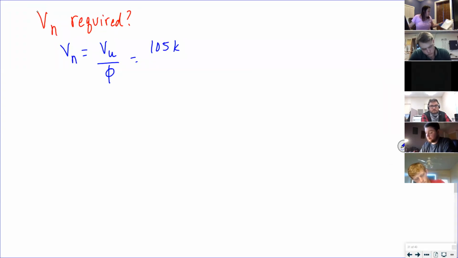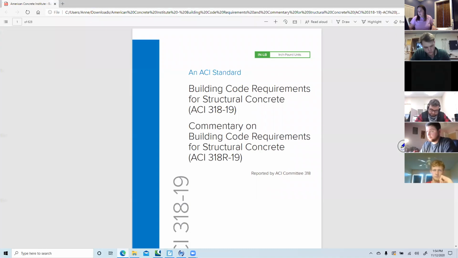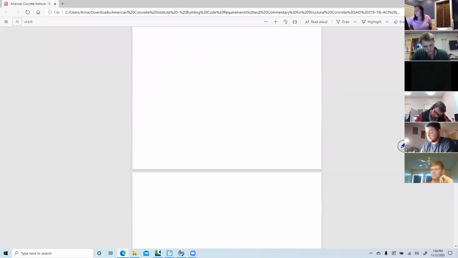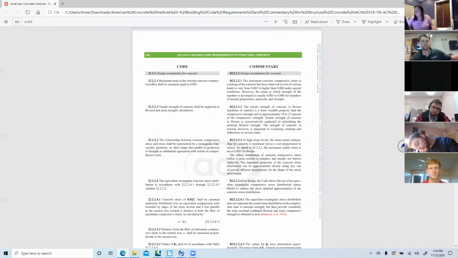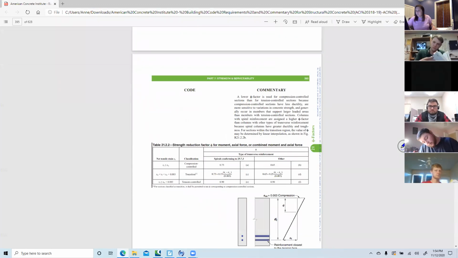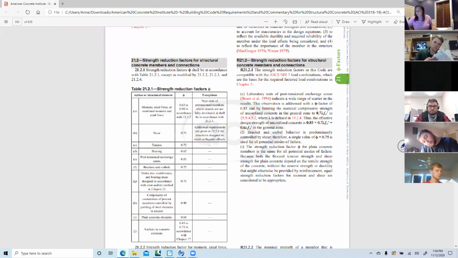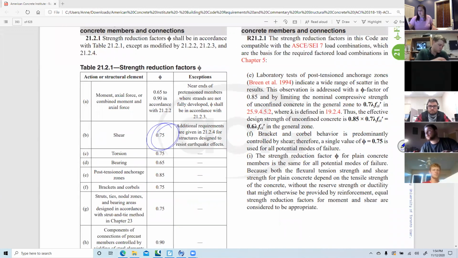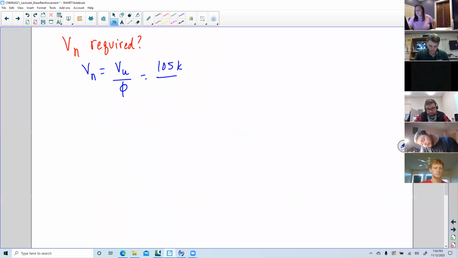And if you don't remember the phi for shear, all the phi factors are on page 391. Shear is 0.75. So we need a nominal capacity of 140.